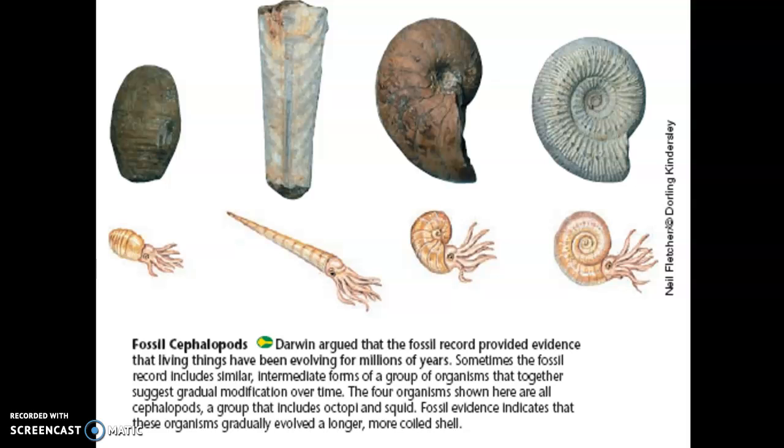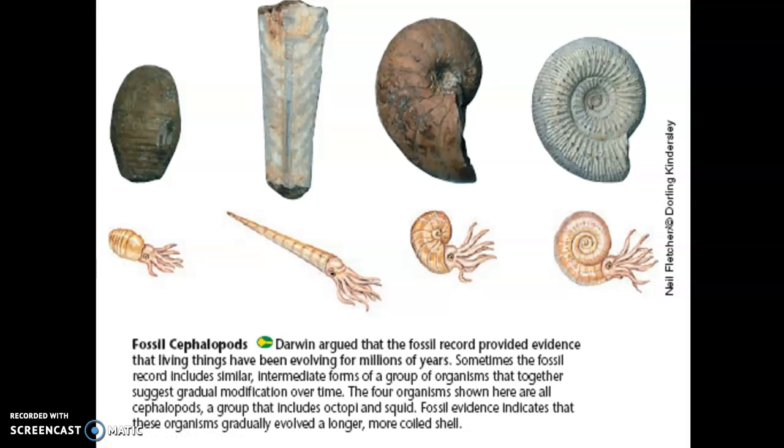Sometimes the fossil records include similar intermediate forms of a group of organisms that together suggest gradual modification over time. If you look at these four organisms here, these are all cephalopods, which is basically a group of octopi and squid. And if you look at the fossils, it indicates that the organisms gradually evolved a longer, more coiled shell. Again, we're not talking about a few years here, guys.